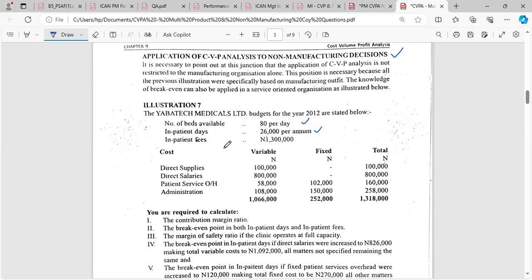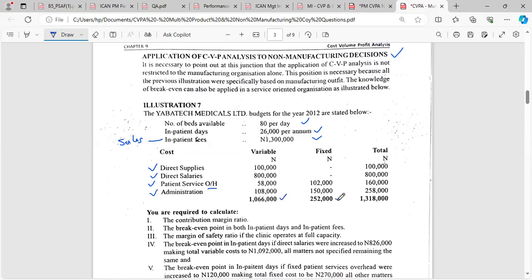Then inpatient fees, the fees that we charge patients, is 1.3 million. Let me interpret this: 1.3 million is like our sales. That is why this is a service company, so you must be able to identify their sales or revenue. Then costs: variable, fixed, total. We have direct supplies, direct salaries, patient service overhead, and administration. These are our total variable costs. They've broken it down for us already.